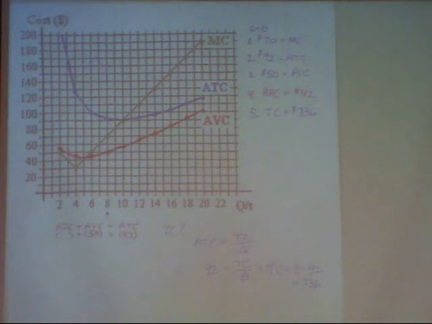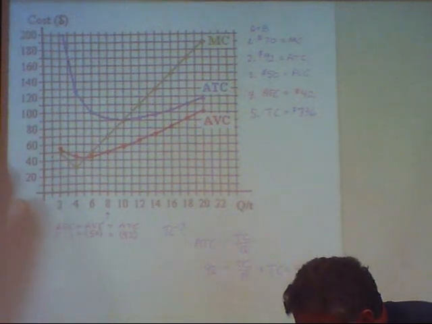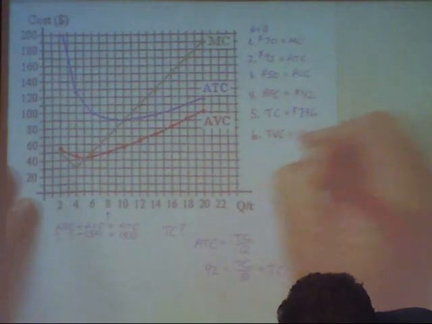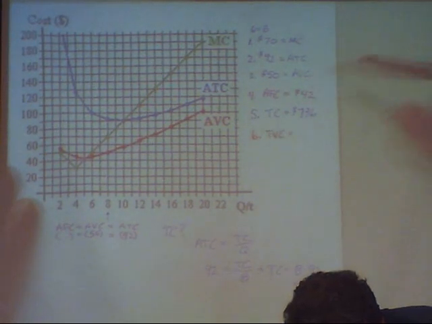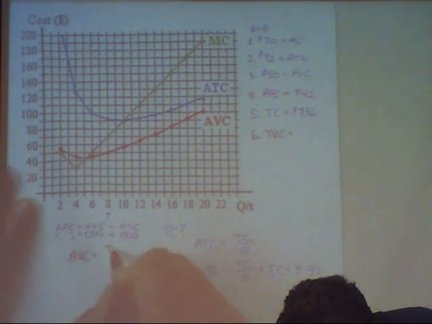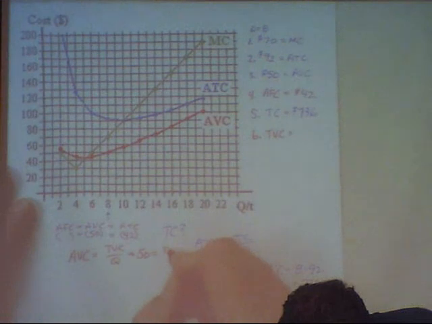Now we've got to figure out what the total variable cost of 8 widgets is. We're still doing this at Q equals 8. To figure out what the total variable cost is, I have to use my estimate for the average variable cost. The average variable cost is the total variable cost divided by the quantity, and since I know the average is 50, that has to equal whatever the total variable cost is, divided by the quantity, 8.